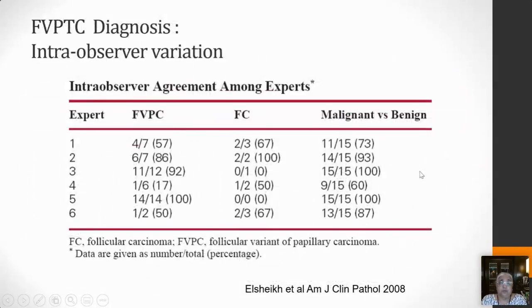Now, it became even more interesting because except for one expert, and that was expert number 5, who called everything follicular variant of papillary thyroid carcinoma, when they shuffled the cases around and gave them to the experts to look at again, it showed very clearly that if they got out on one side of the bed in the morning, they would call it one thing, and if they got out the other side of the bed in the morning, they would call it the other thing.